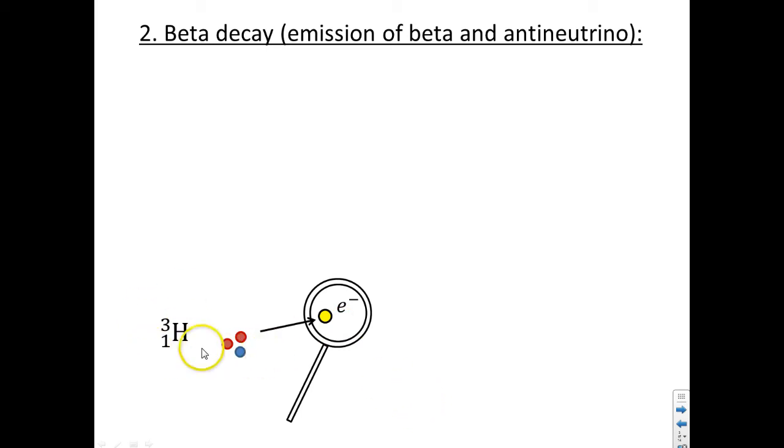So now, because we have just changed one of these neutrons into a proton, the proton number has increased to 2 because there's 2 protons. And the mass number, or the nucleon number, is still 3. We still have 3 nucleons here. So we started with hydrogen 3, and through beta decay we wound up with an electron which has 0 mass, plus helium 3.